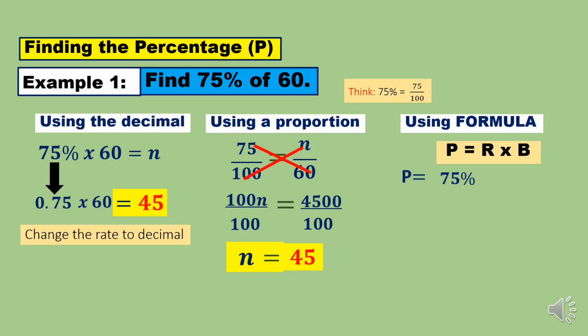That is 75% times base, and 60 is the base. Alam natin ang 75% in decimal, that is 0.75 or 75 hundredths, times 60, that is 45. So, percentage equals 45.